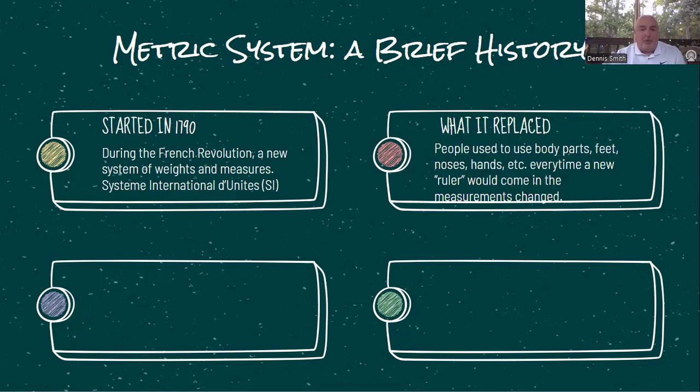Now, prior to this, and what it is replacing is people used to use their body parts, feet, noses, hands, etc. And usually it was based off of whoever the ruler of that area was. And every time a new ruler would come in, the measurements would change.